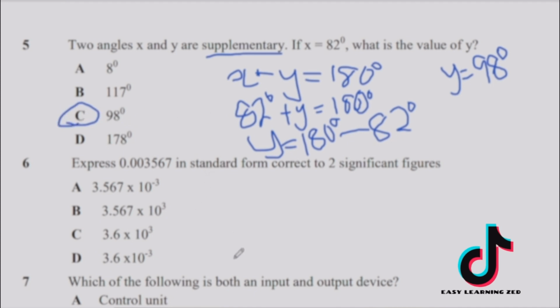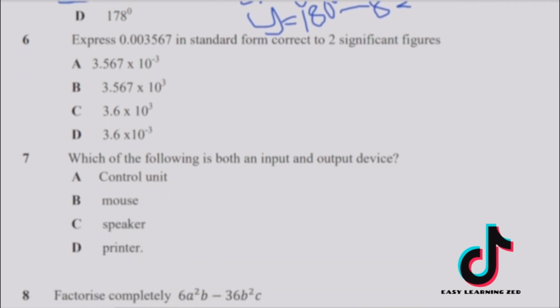Now we come to question number 6. Question number 6 is: express 0.003567 in standard form correct to 3 significant figures.